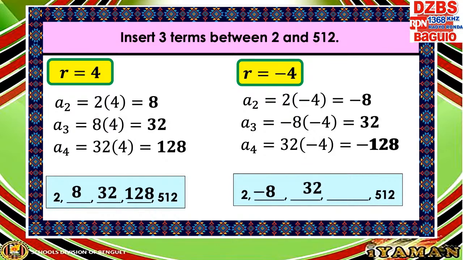So if r is equal to negative 4, then the three geometric means between 2 and 512 are negative 8, 32, and negative 128. Get it? Let's try another one.